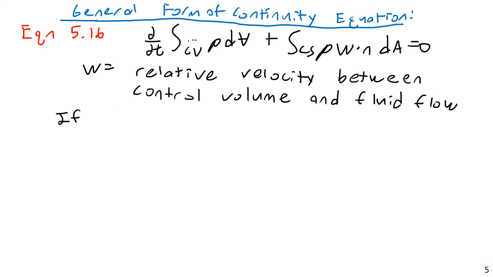So really, the way to interpret this is this term right here talks about the change in the control volume itself. It is basically a measurement of the change in the control volume. So if the control volume is deforming, then this term will not be equal to 0. And this represents the mass flowing in and flowing out across a control surface.